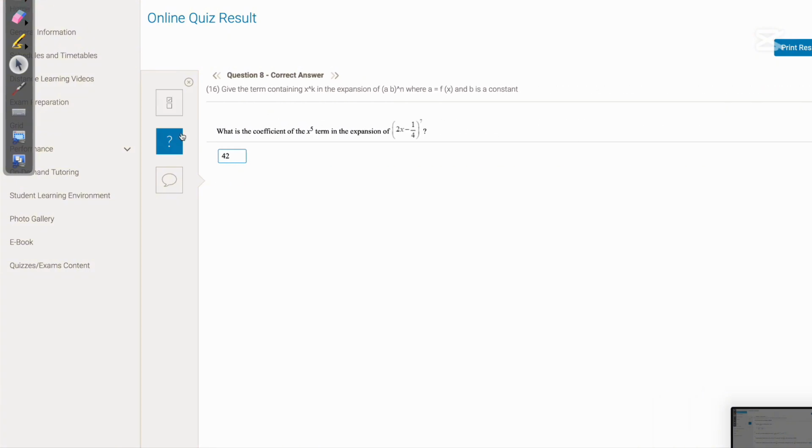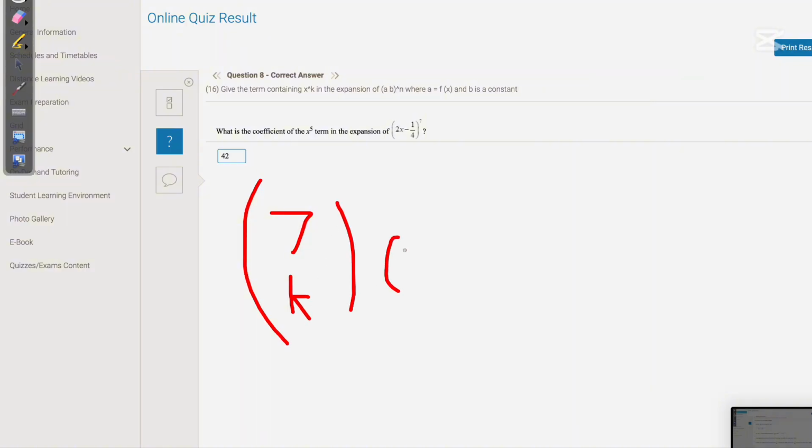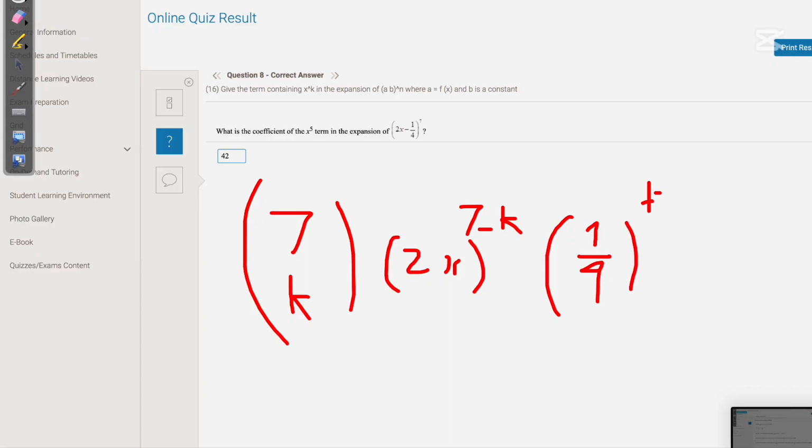Number 8. What is the coefficient of the x to the 5 term in the expansion? Now look, for this question, 7ck, 2x to the power of 7 minus k, times 1 over 4 to the power of k. So 7 minus k is equal to 5, right?